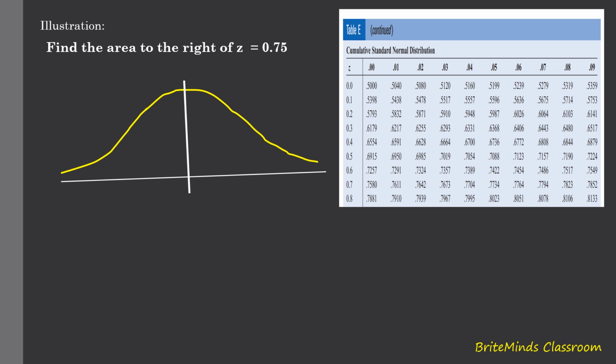We have here an illustration. Find the area to the right of z equals 0.75. So we're going to find the area to the right of z. We need to locate first the z value. Okay, so this is our z. And then we need to shade the region.